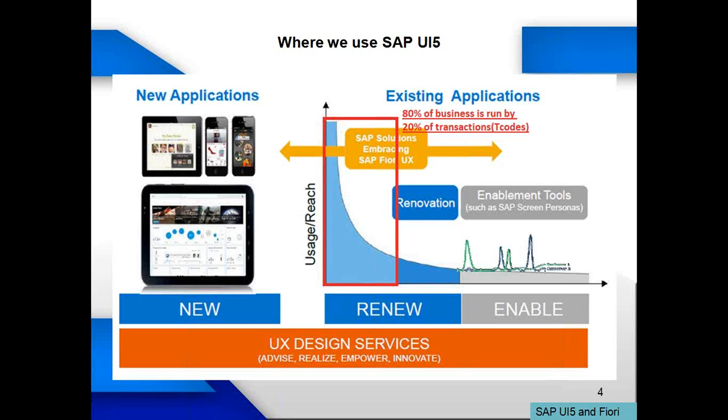So where are we going to use SAP UI5? If you see the current SAP landscape, 80% of the business is done by only 20% of the transactions, like sales orders, purchase orders, employee timesheets, leave requests, and approvals.